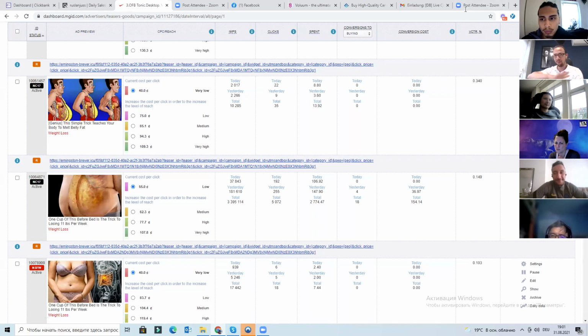However, you have so many data fields on your screen. So now the job is to pick the right fields. For example, what we're looking at right now, there's conversions, there is VCTR, there is reach per day, reach per yesterday, reach per total. But we only really looked at the reach to CPC. What the ad looks like, we don't really care.